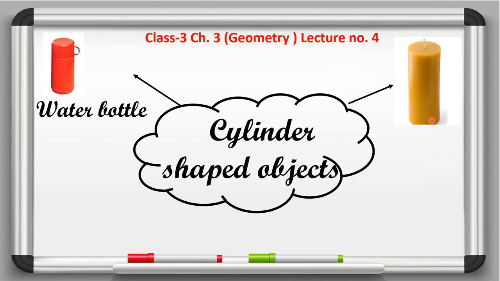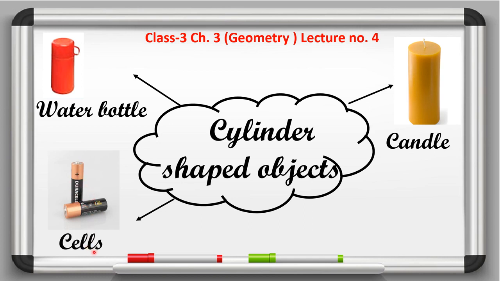Cylindrical shape candle. C-A-N-D-L-E candle. Next one is, these are cells. C-E-L-L-S cells. Number 4. This is a Coca-Cola and we call it can. C-A-N can. Understood, beta?